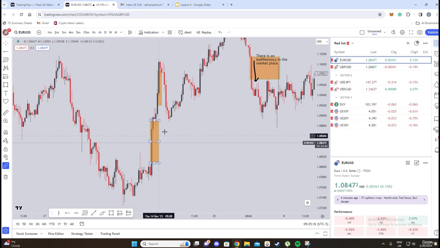The reason a displacement is called an inefficiency is because price traded only to one side and didn't offer to trade the other side.